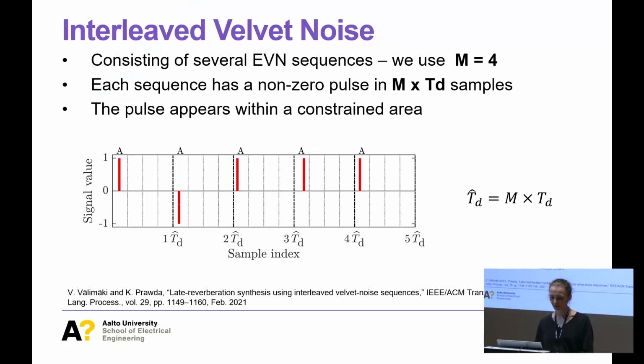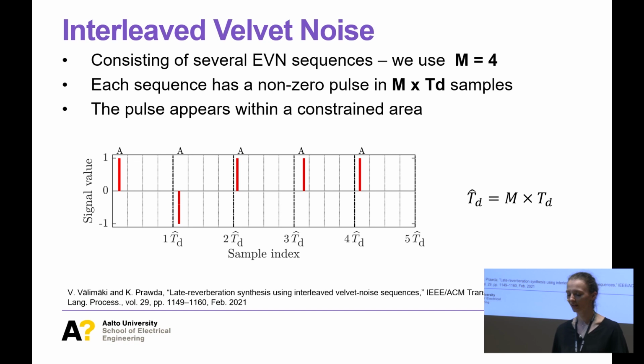So in a publication from last year, Vesa and I developed this algorithm where instead of having one velvet noise signal, we used rather several extended velvet noise sequences. The properties of these sequences are that they are very sparse.